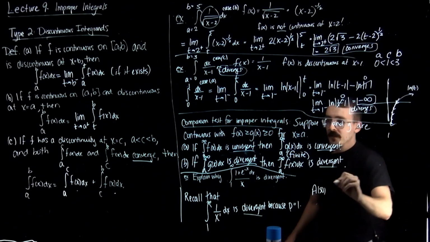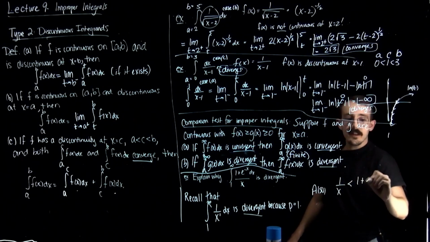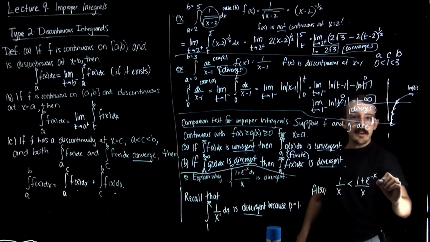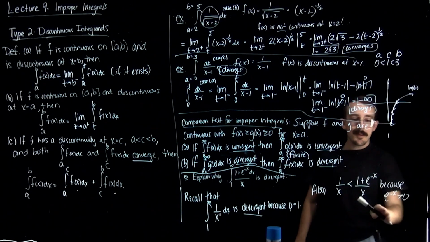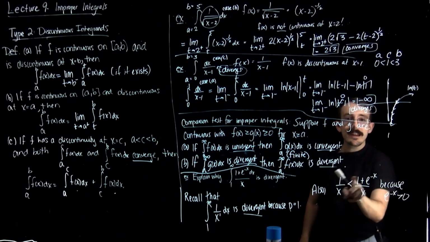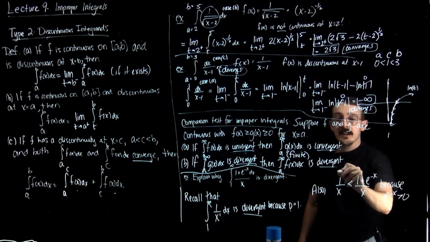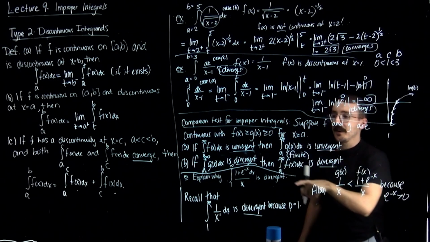Also, 1 over x is less than 1 plus e to the negative x over x, because e to the negative x is always positive for any real number. So I haven't changed the denominators. If you add something that's positive to the numerator, you make a larger fraction. So this is certainly bigger than this. And this is my g of x, and this is my f of x from the theorem here.